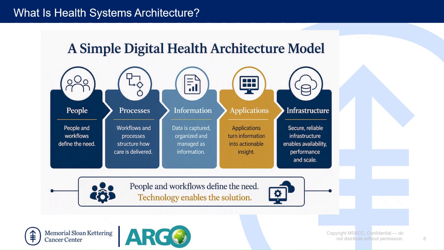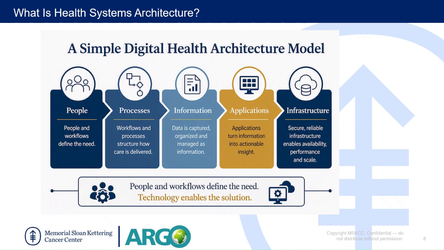The goal is to have the right applications to support what we need to do. So if one application is not able to accomplish everything we need to, then we should think about getting additional applications, so long as they're able to support our clinical work and, just as importantly, exchange information efficiently.